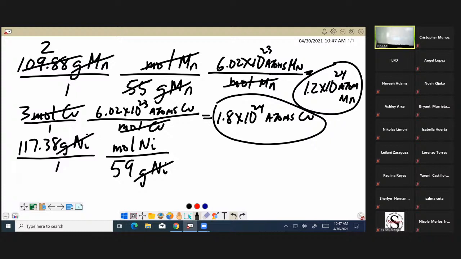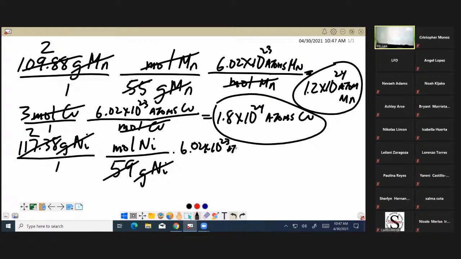Now, 117.38. Man, I'm looking at 59. 2 times 59 is 118. Okay? 2 times 59 is 118. So it's pretty close. So I can estimate that this number is going to be 2. Right? So it's actually 2 moles of Ni. So that means it's 2 times 6.02 times 10 to the 23rd, right?